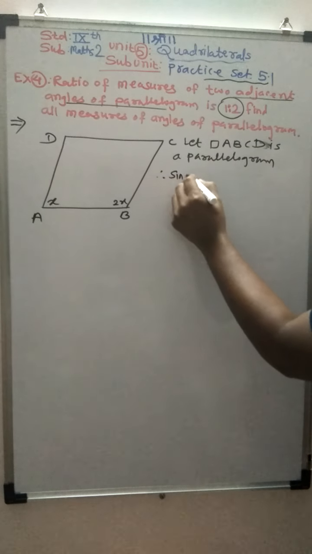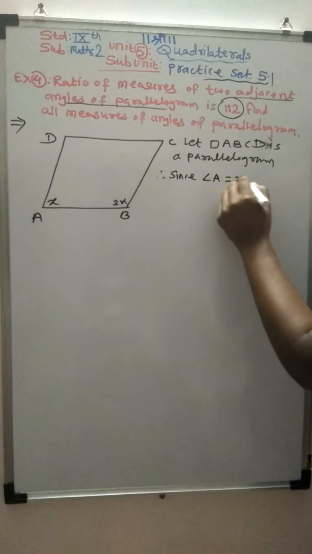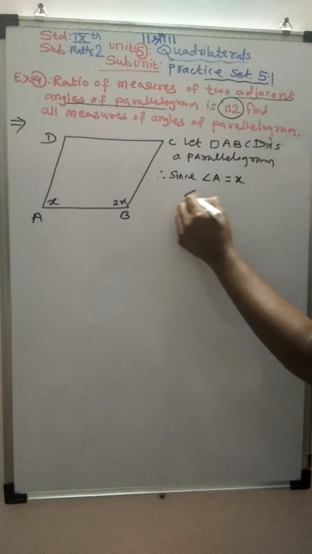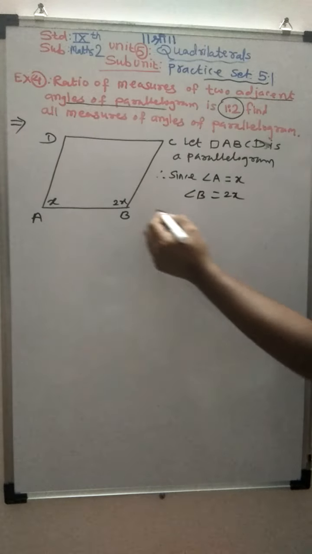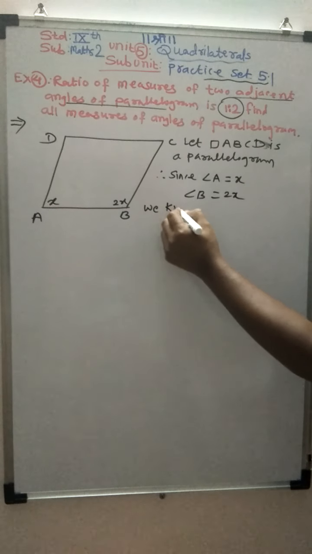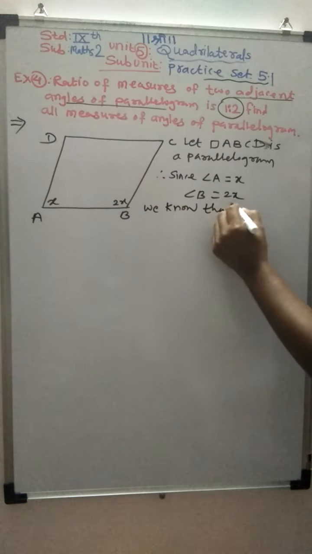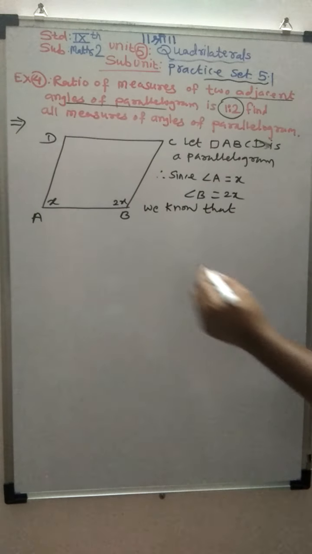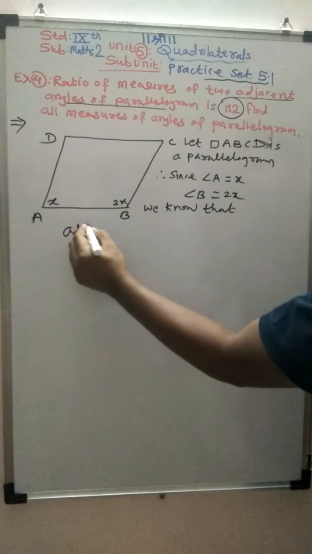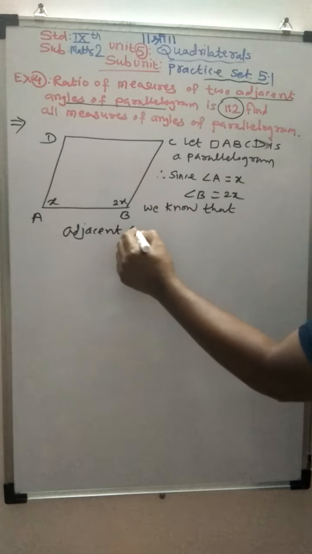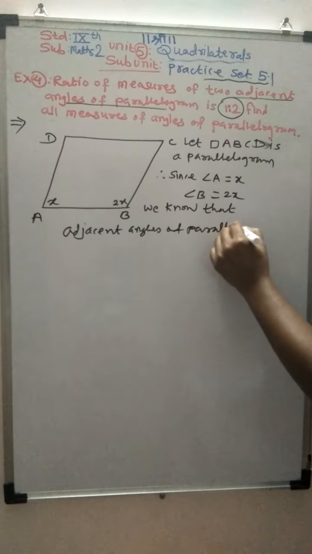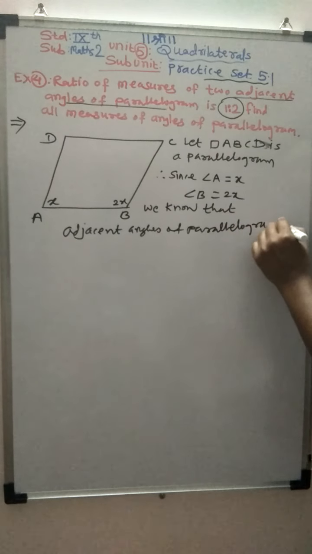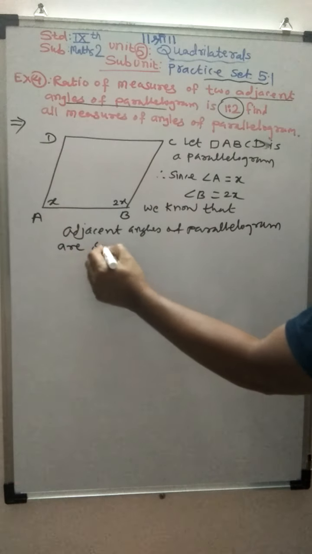Therefore we assume angle A is x, then angle B, its adjacent, is 2x. Now write down the property. We know that adjacent angles of a parallelogram are supplementary to each other.